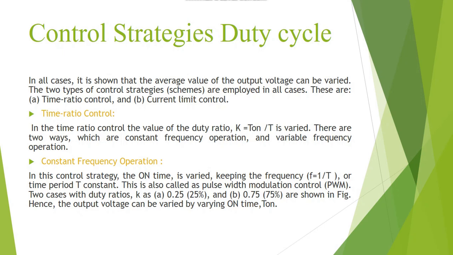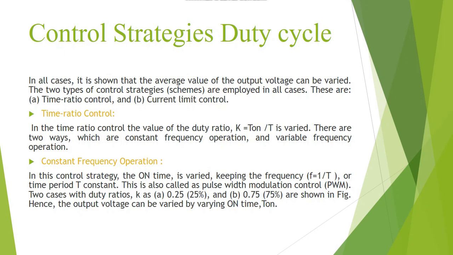Suppose the input voltage is 100 volt. The output voltage will be calculated by the equation V0 is equal to Vs by 1 minus D, and we can easily get approximately 150.